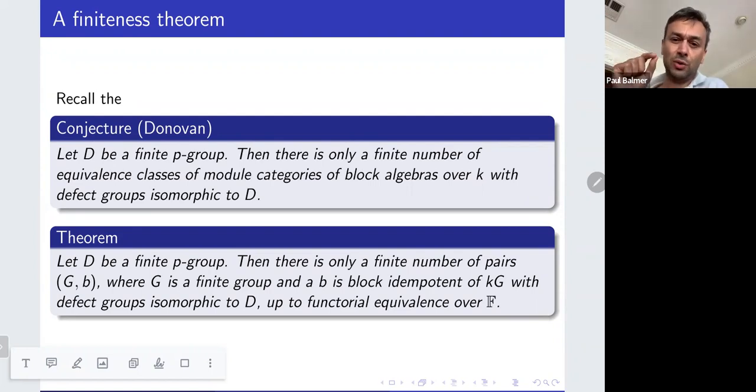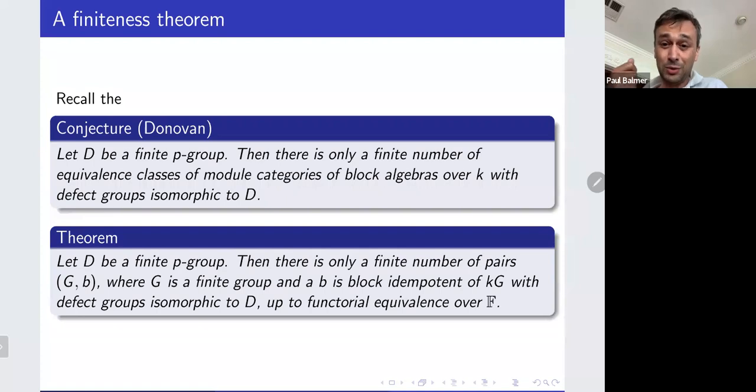I'm trying to unpack the pun on functorial. There is something functorial here which means two things. One is in this functor category, but another is that those guys induce functors between module categories on blocks. Or they should.